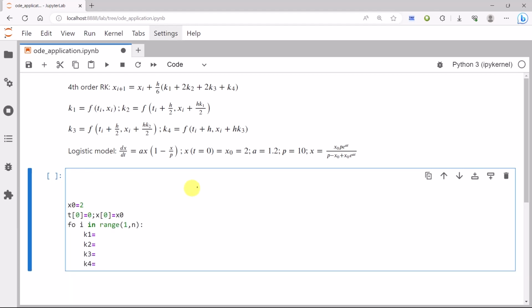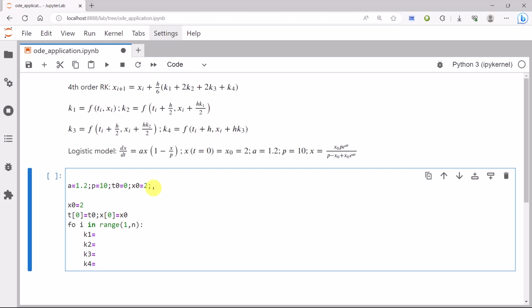So we start putting the constants here. We have a equals 1.2 and p equals 10, and it's best to write here t naught. So we write t naught equals 0, x naught equals 2, and we'll go up to a certain tn, that is where we will stop the calculation.